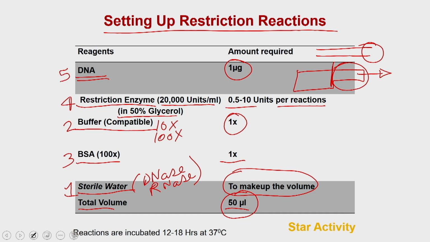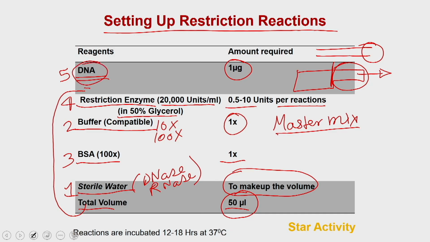In some cases people also make a master mix, which means they add all these components and make up a cocktail kind of thing, and then they dispense that and add the DNA into different reactions.